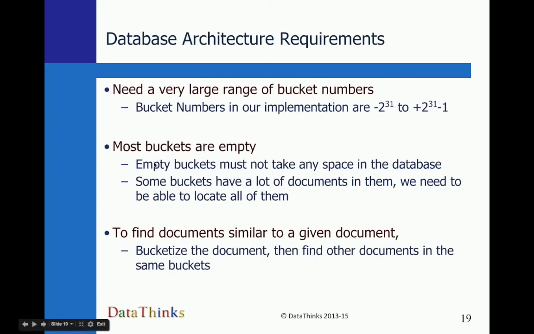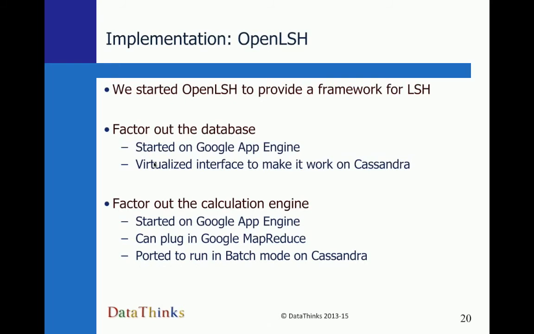So in our implementation, we had to have a pretty large number of buckets. This is because you're indexing a very large number of documents. So most of the buckets are going to be empty. As I mentioned with the image of the Peerbelt matrix, it's very sparse, so most of the buckets are going to be empty, and you don't want the empty buckets to take up any space in the database because that's just not efficient in terms of storage.